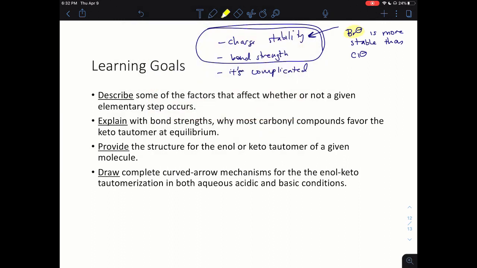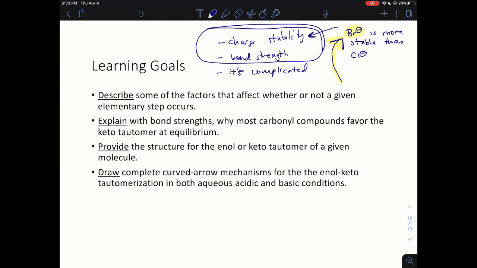Because it comes from a stronger acid. So if a reaction starts with chloride and ends up with bromide, it might be favorable because bromide is more stable than chloride is. So I might predict a reaction to occur that starts out with chloride but ends up with bromide. Okay, so charge stability, bond strength, it's complicated.